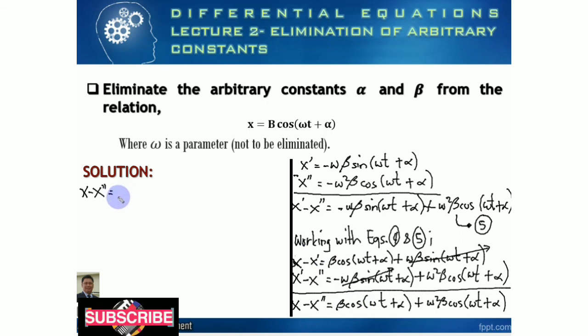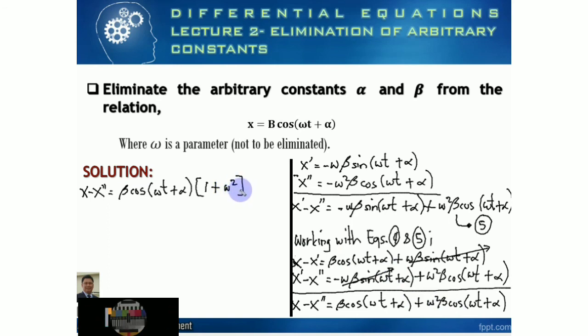So we have beta cosine of omega t plus alpha times the quantity 1 plus omega squared.